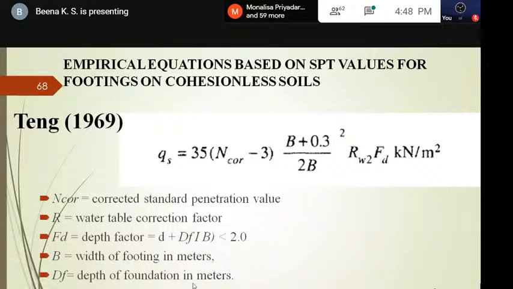B is the width of the footing in meters, DF is the depth of foundation in meters.